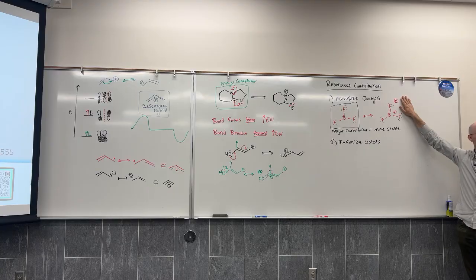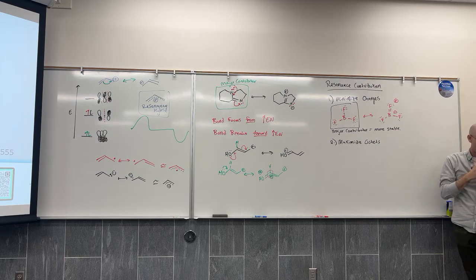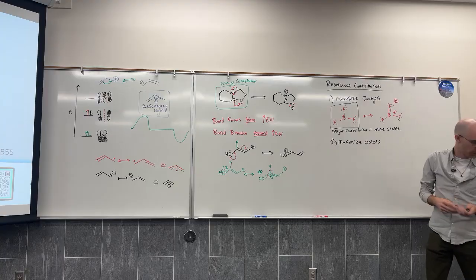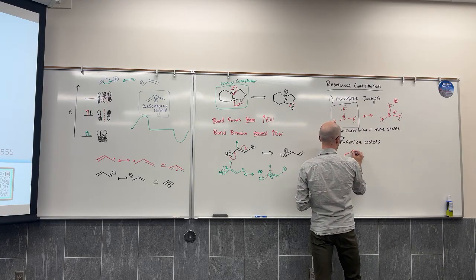But we already have a rule established. Don't do octets if it means you're going to create unnecessary charges. First, minimize charge, even if that's at the expense of octets. Then maximize octets.